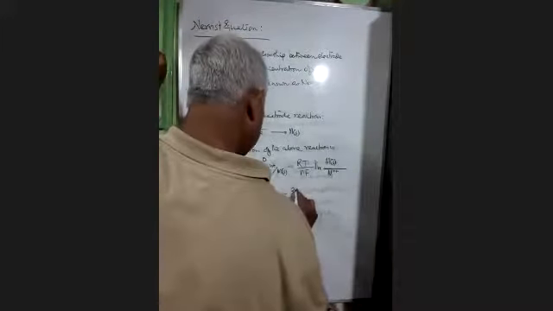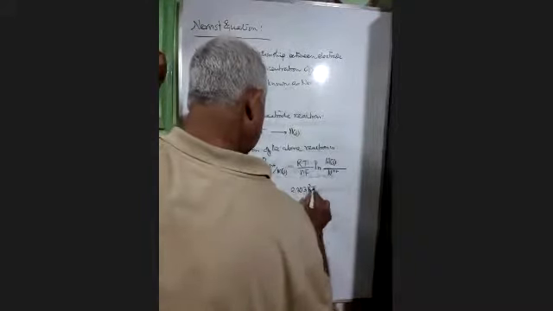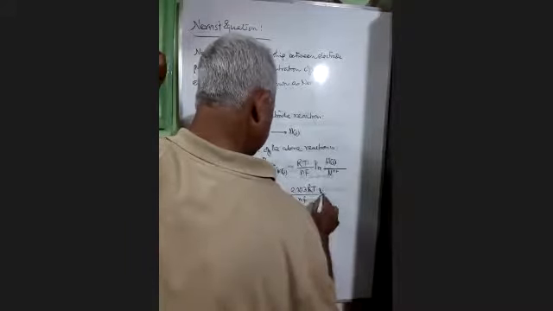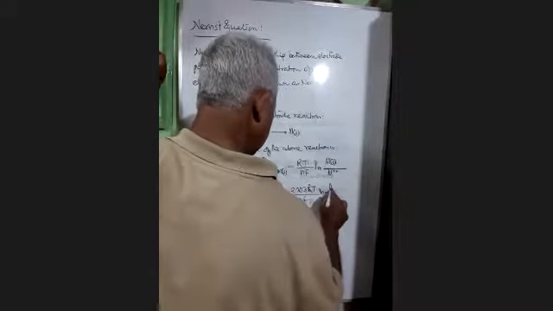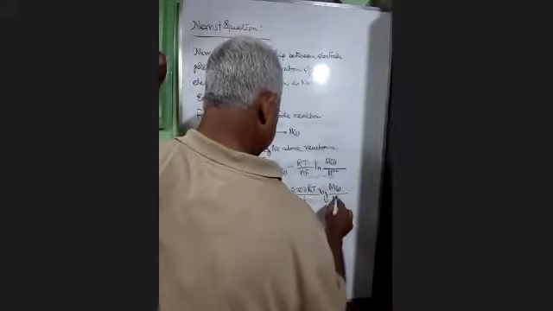If you multiply this by 2.303, it becomes natural logarithm. It is 2.303 RT by nF log of M and Mn plus.